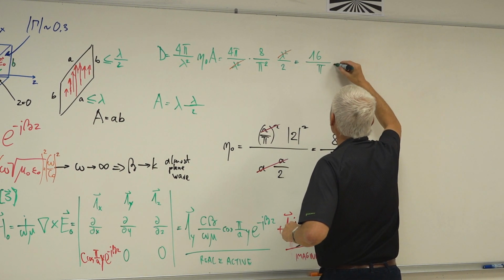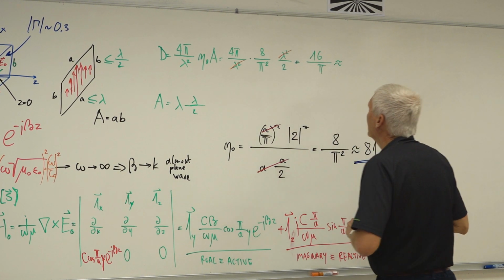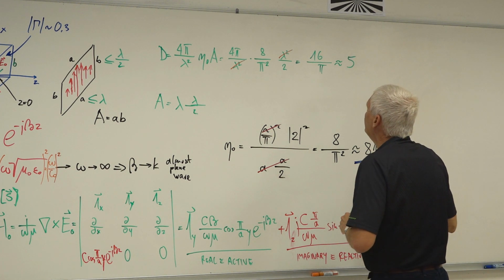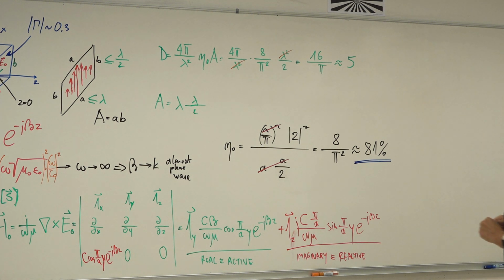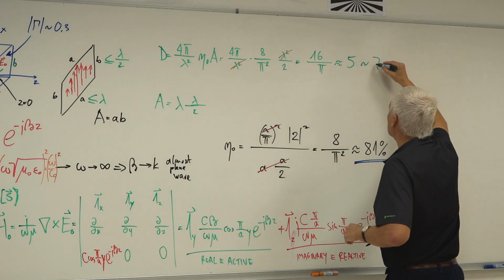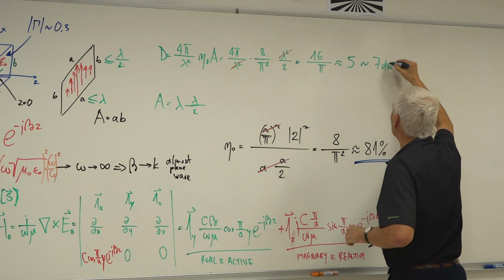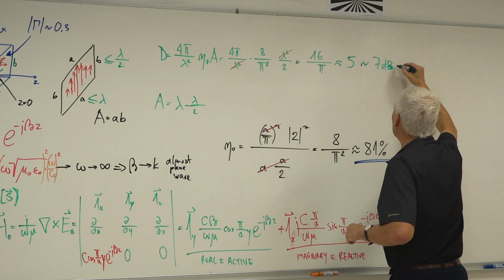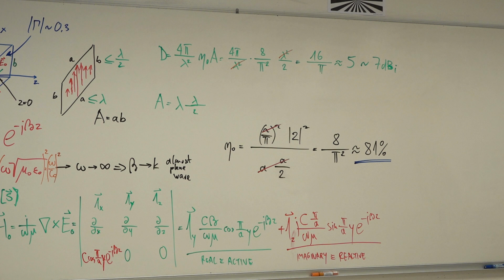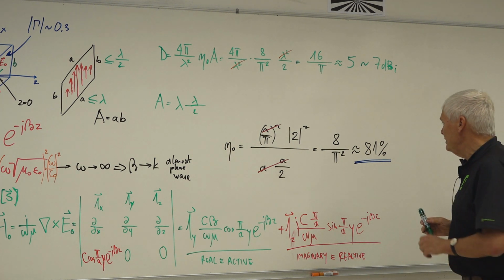So this is approximately, how much? This is approximately 5. P into 16 goes about 5 times. So this is approximately 7 dBi. 7 decibels of gain I can get out of this, where I have my illumination efficiency.